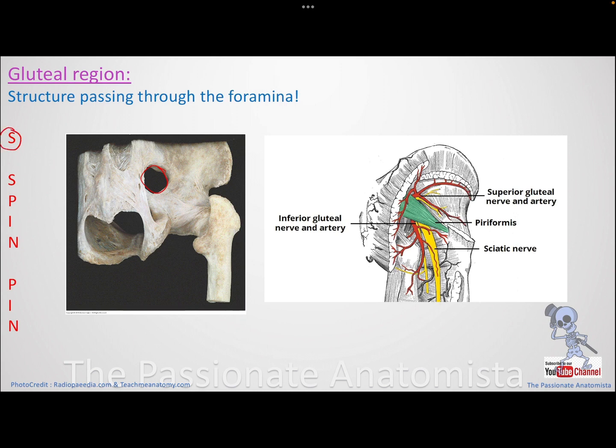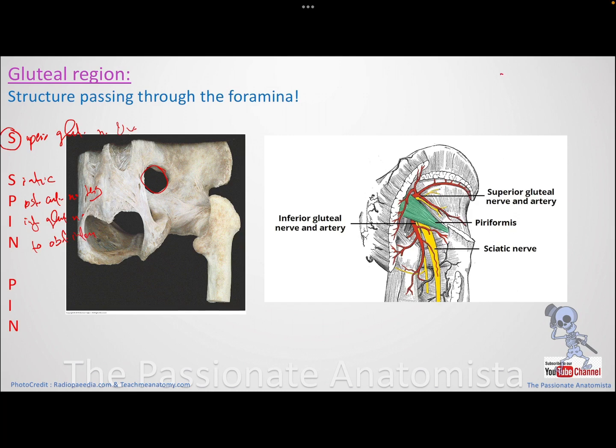So what does S stand for? The S is the superior gluteal nerve and vessels. What is spin? Spin is your sciatic nerve. P is the posterior cutaneous nerve of the thigh. I is the inferior gluteal nerve. N is nerve to obturator internus.